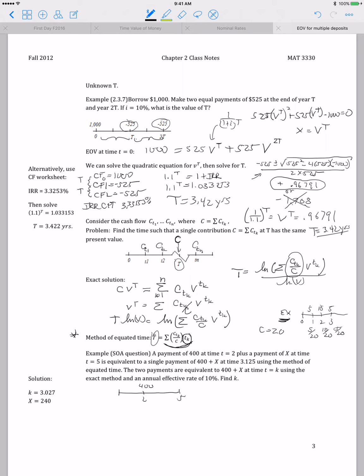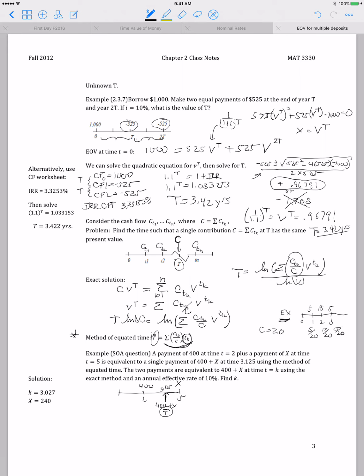At time 5 we have a payment of X, so we don't know it, but we know that this is equivalent to, or has the same present value as, a lump sum payment of 400 plus X at 3.125 using the method of equated time. So the time at this arrow here is not T, but it is, of course, T bar.